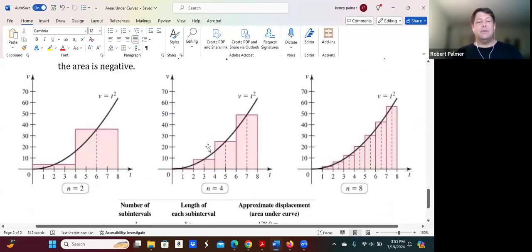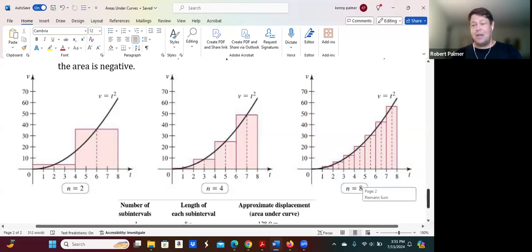We're finding the area under the curve of t squared or x squared, which could also mean velocity and time. If I use two subintervals, you can see it's not very good. If I use 4, that's better. I've reduced the error, but it's still not great. If I do 8, you can see it's improving.